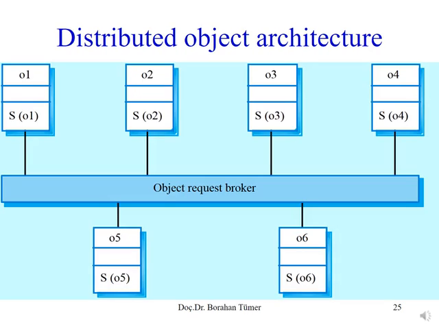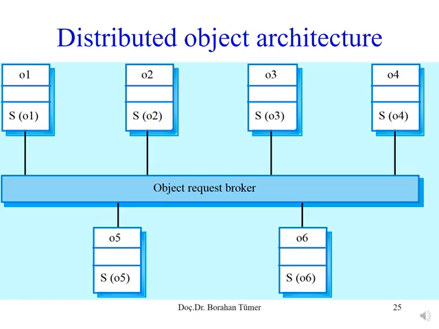As you can see in this slide, there are objects distributed on a system, and there's an object request broker that is the middleware of the system that provides a seamless communication between these objects.